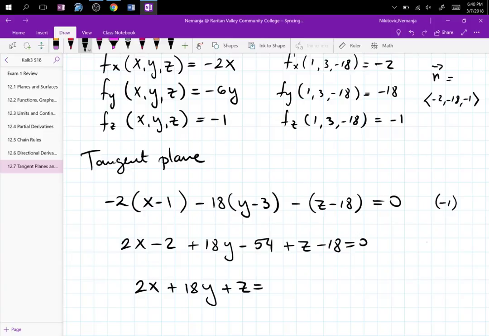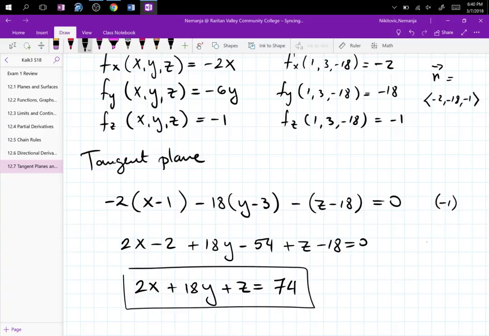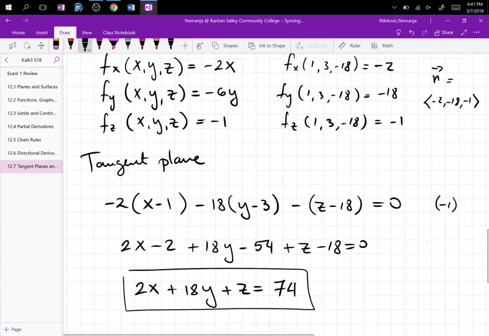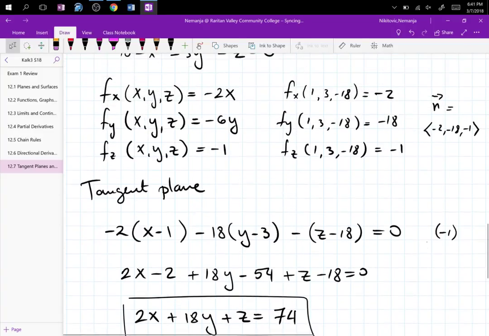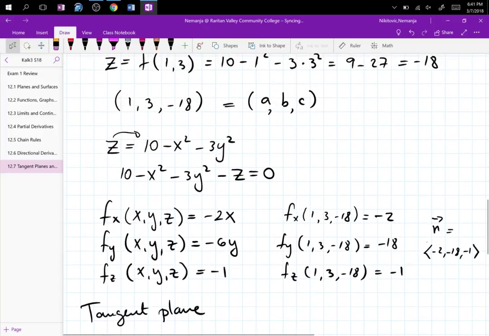All of these are negative, it's negative 74, so positive 74 on the right hand side. That is the tangent plane at the point (1, 3, negative 18). Clearly, as soon as you change the location where you want the tangent plane, the entire calculation changes because you will have different Fx, Fy, Fz.